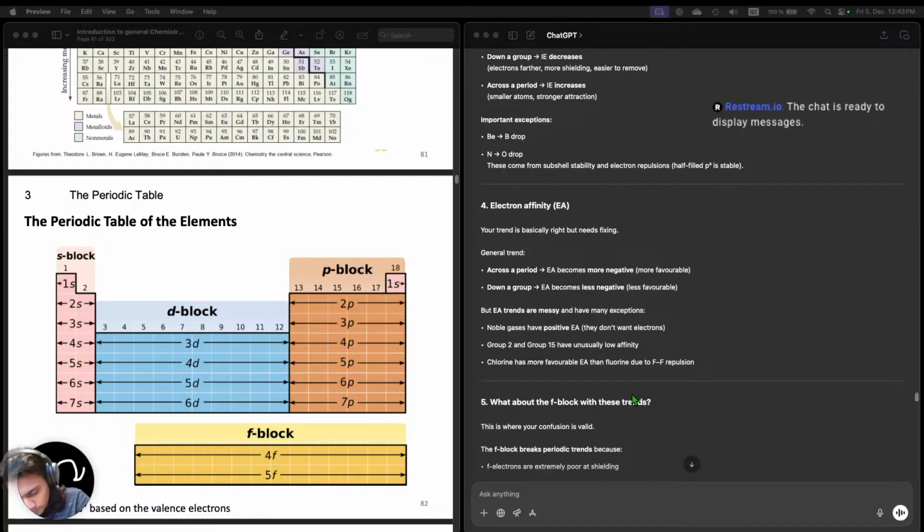S block. Now 3 to 12, D block. 13 to 18, P block. The last two.